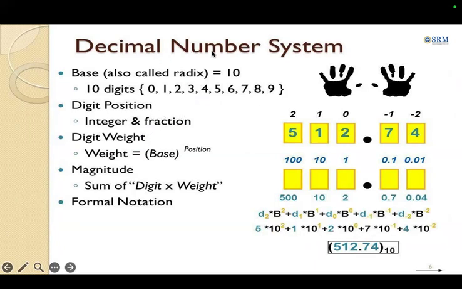One by one, we are going to discuss the number systems in detail. First, the decimal number system: the radix will be 10. So the coefficients of the 10 values are from 0 to 9: 0, 1, 2, 3, 4, 5, 6, 7, 8, 9.